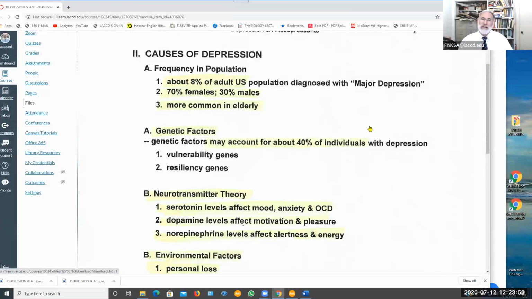Vulnerability genes are related to where somebody genetically, after experiencing a loss, gets emotionally devastated more so than others. And resiliency genes are related to where other people, after they experience a loss, are depressed, but they bounce back more rapidly. They return to their previous lifestyle more readily. And again, these may be genetic factors.